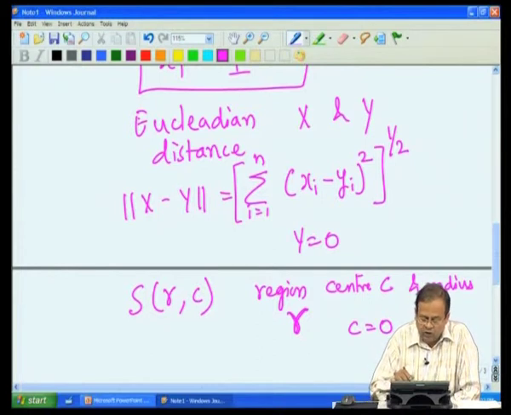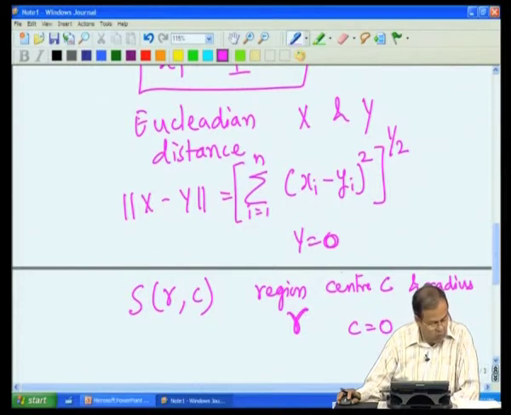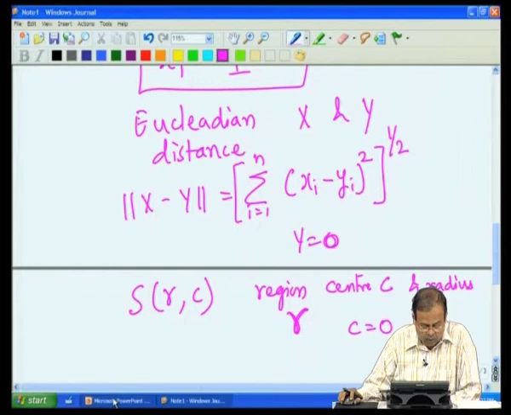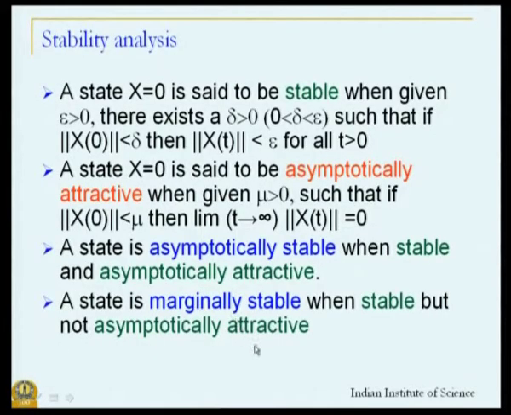So, if y is 0, then we can call the steady state solution x equal to 0, and this will become clear when we look at the problem on hand, namely stability of a steady state.